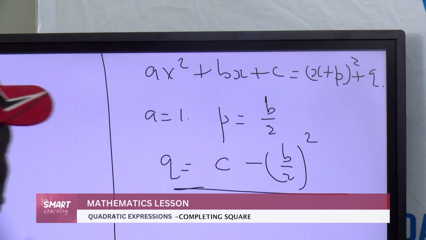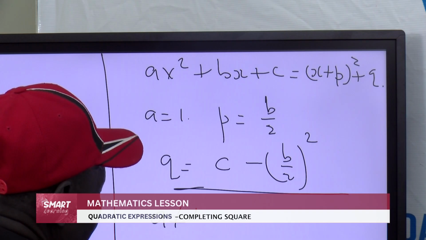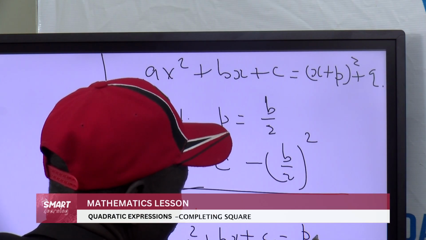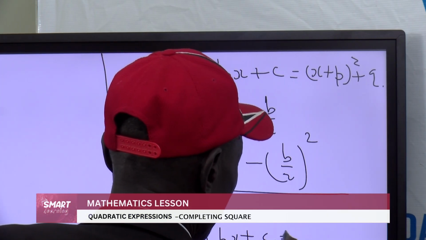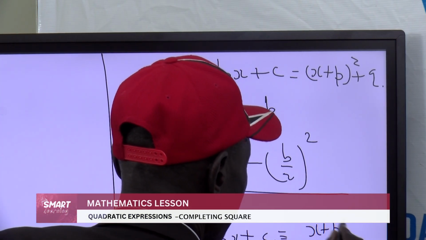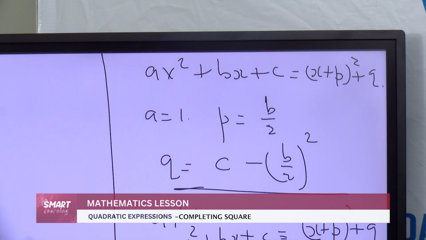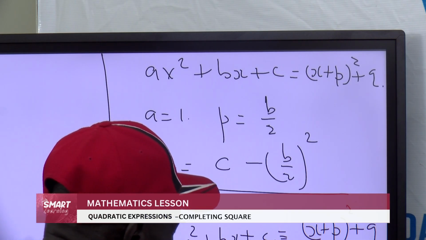Now, if a is not 1, and still you want to write ax squared plus bx plus c in the form of x plus p squared plus q. Now, remember, first of all, we have to divide everything by a. So my new b is going to be equal to b over a.